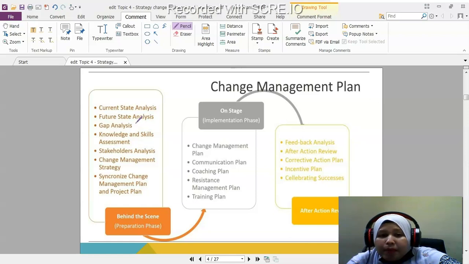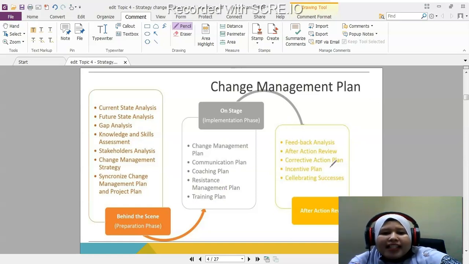These are all examples of the change management plan, the things that the management needs to do if they plan to change. Then the next stage is the implementation phase: change management plan, communication plan, coaching plan, resistance management plan, and training plan.